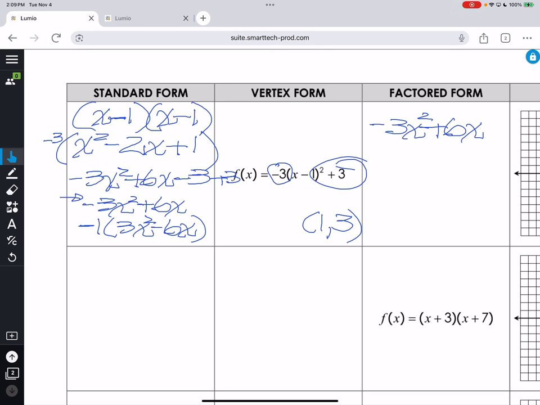We need the x to be a positive. So factor it. What are we going to remove to make that x a positive? -3. And then that leaves us with x squared... No, we took out an x. So -3x, and then we're left with x minus 2.